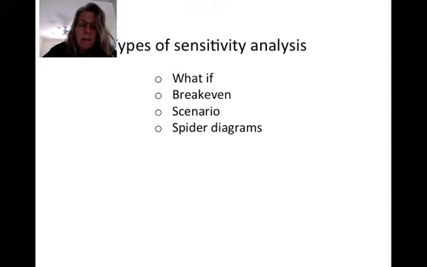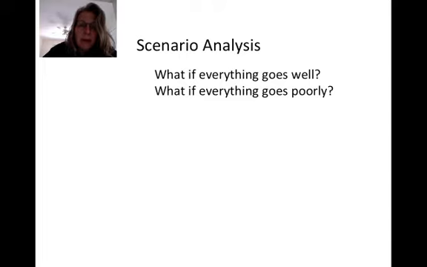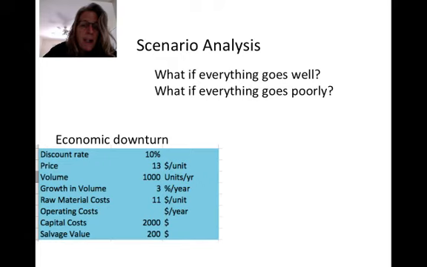The next type of analysis is scenario analysis. We would use this if it's a very complex analysis. What if everything goes well, or what if everything goes poorly? This is a way of getting a range of values. We might define all the bad stuff, like an economic downturn: low prices, high costs, high capital costs, low volume, low growth rate.